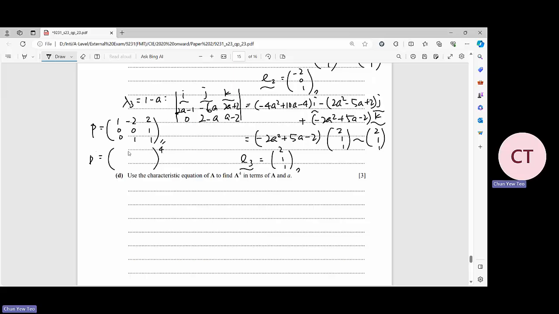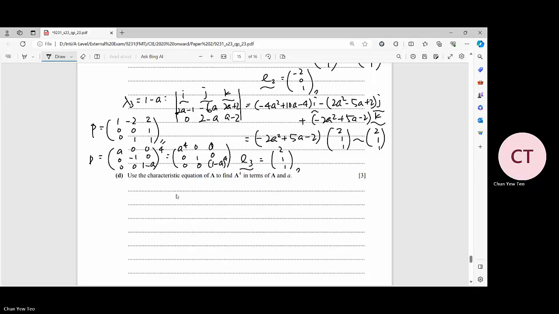The diagonal matrix, my lambda 1 is 8, my lambda 2 is negative 1, my lambda 3 is 1 minus A. So at the end, your D will be 8 power 4, then negative 1 power 4, then 0, 0, 1 minus A power 4. That will be D.